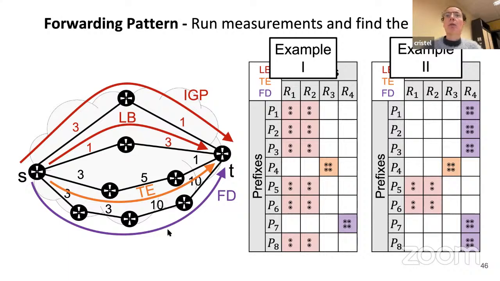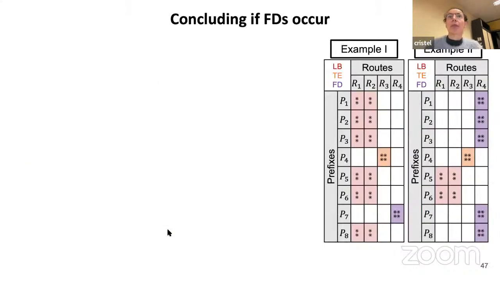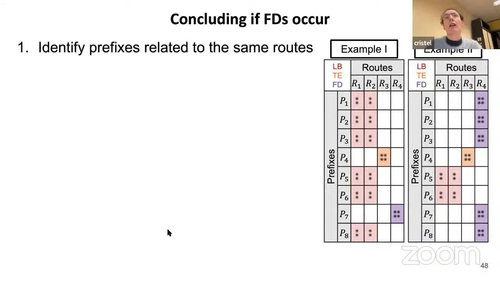In example 1 you have forwarding detours and traffic engineering, which are the exception. In example 2, you have forwarding detours which are more common, so you observe them for a lot of the prefixes that are probed. The cases we try to detect are the cases of example 2.